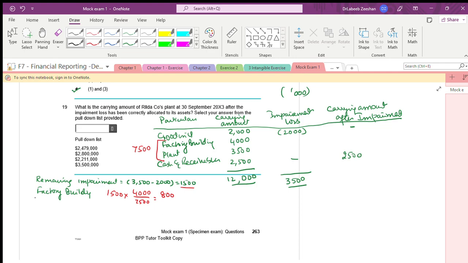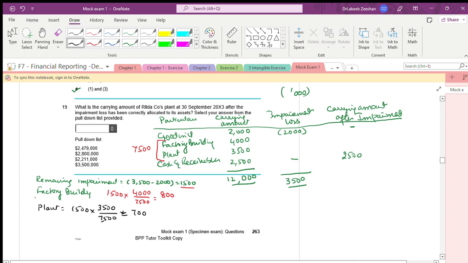Next, how much is the plant? Same thing, 1500 times 3500 divided by 7500 equals 700. Any doubt? Ask me.